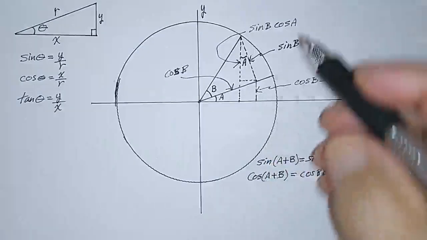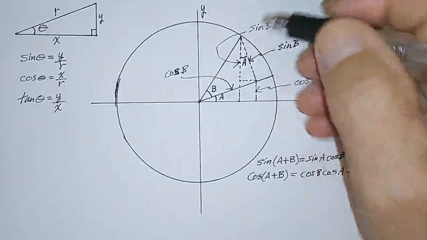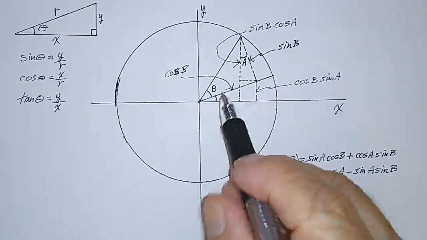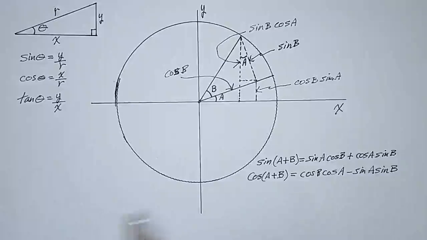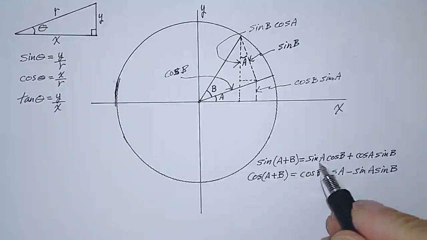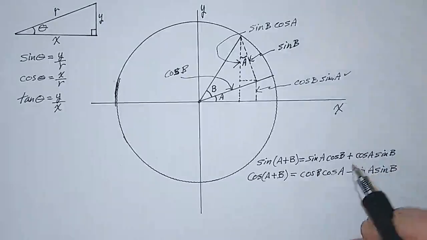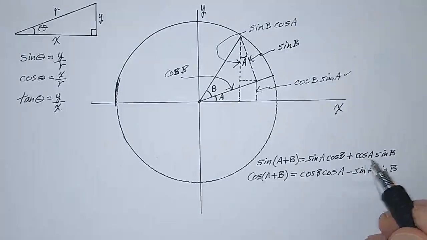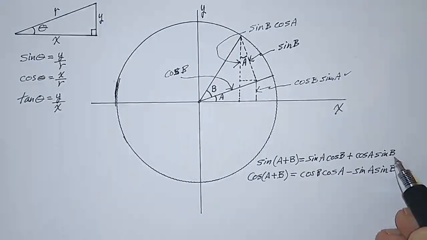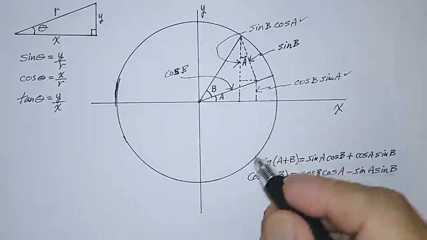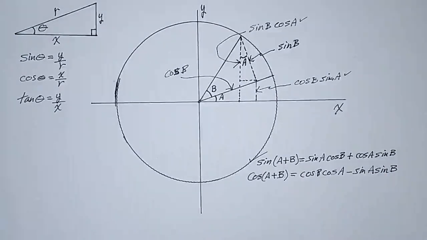This length plus this length is equal to this entire length right here, which is the sine of A plus B. Sine of A plus B is equal to sine A cosine B. There it is right there. And this other part, cosine A sine B, is right here. So that shows why this one's true.